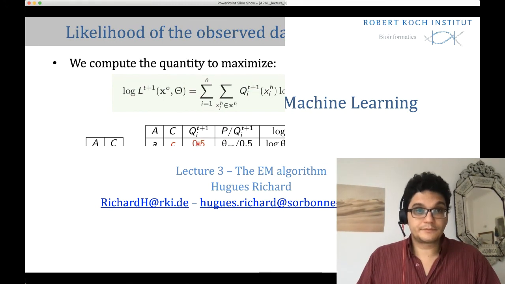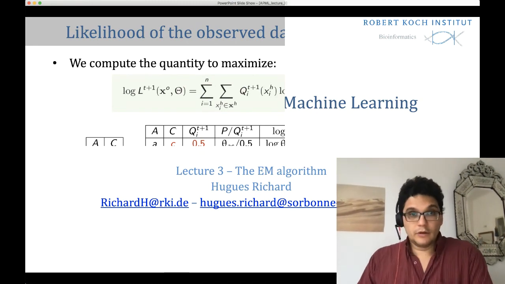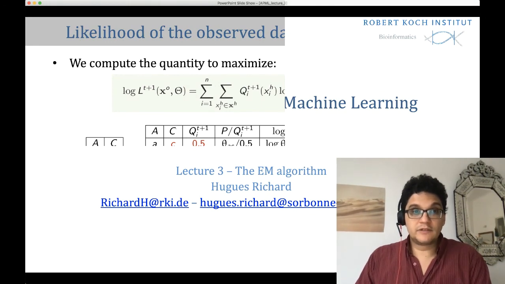so we sum here Q1 t plus 1 of having C and Q1 t plus 1 of having D, which are 0.5, as we computed in the previous slide. For x2, it is the same: the value can be C or D, and the posterior is 0.5 and 0.5.